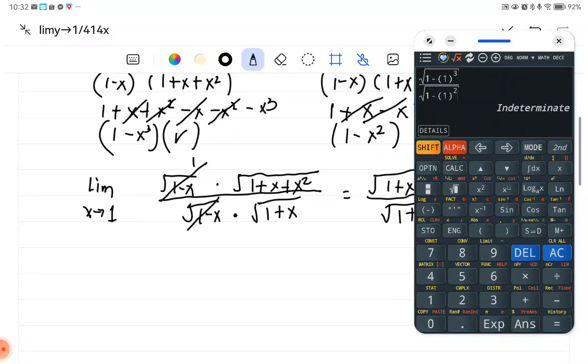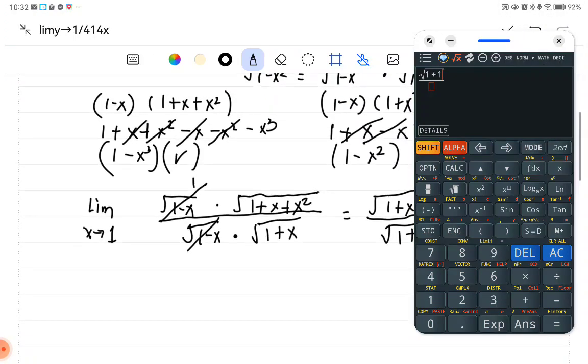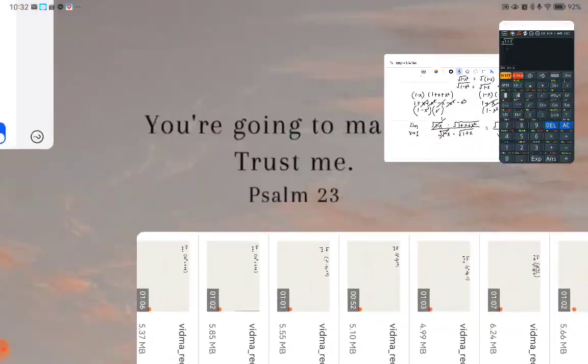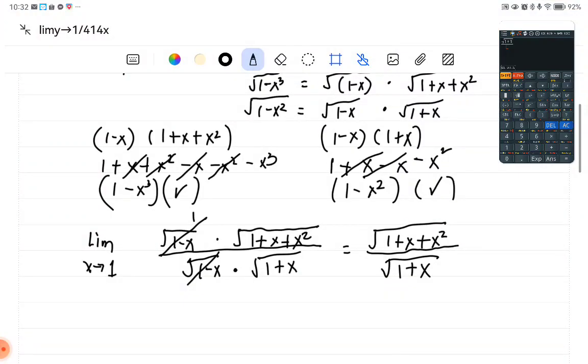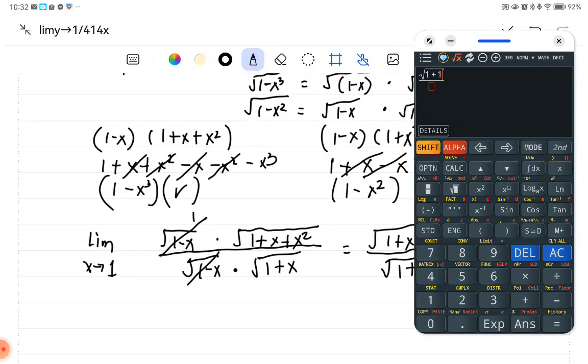So we have the square root of 1 plus 1 plus 1 squared all over the square root of 1 plus 1.